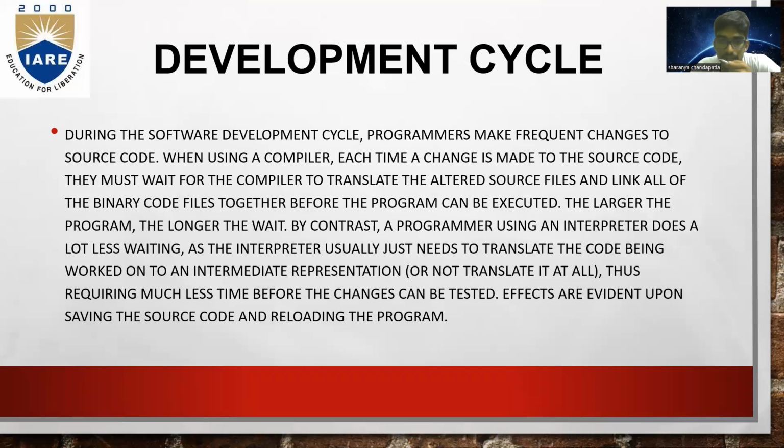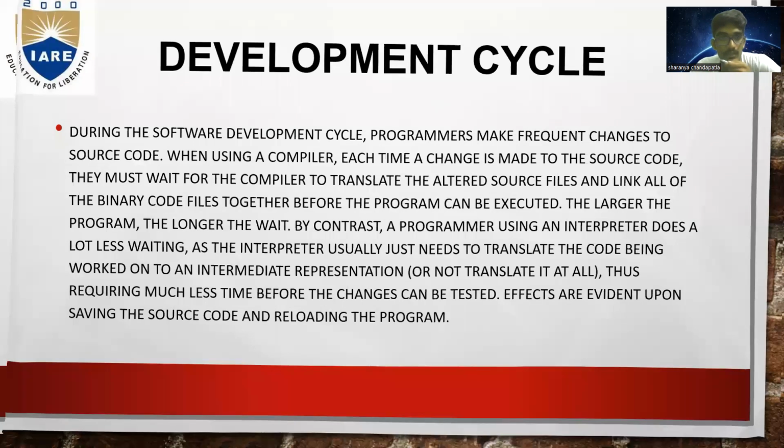By contrast, a programmer using an interpreter does a lot less waiting, as the interpreter usually just needs to translate the code being worked on to an intermediate representation, or not translate it at all, thus requiring much less time before the changes can be tested. Effects are evident upon saving the source code and reloading the program.